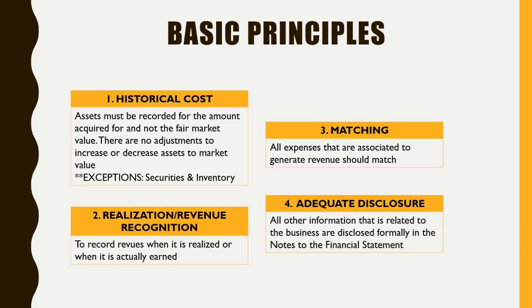Okay. And then the matching principle is where all your expenses that are associated with gaining that revenue, you need to match them 100%. So this one is going to go hand in hand with revenue recognition because, again, if I sold my item, right, how much did the item cost you?